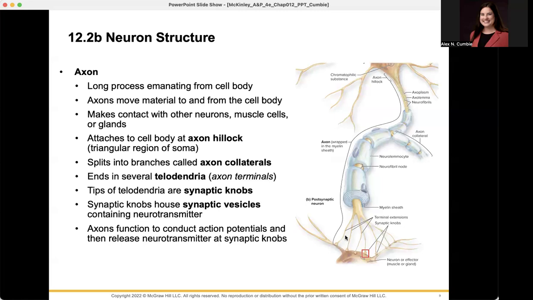Okay, telodendria have little synaptic knobs on the ends of them. And we know inside those synaptic knobs, we have synaptic vesicles containing neurotransmitter. So some of these are old terms that we learned before, when we were looking at muscle cells, and then there are a few new terms regarding the axon.